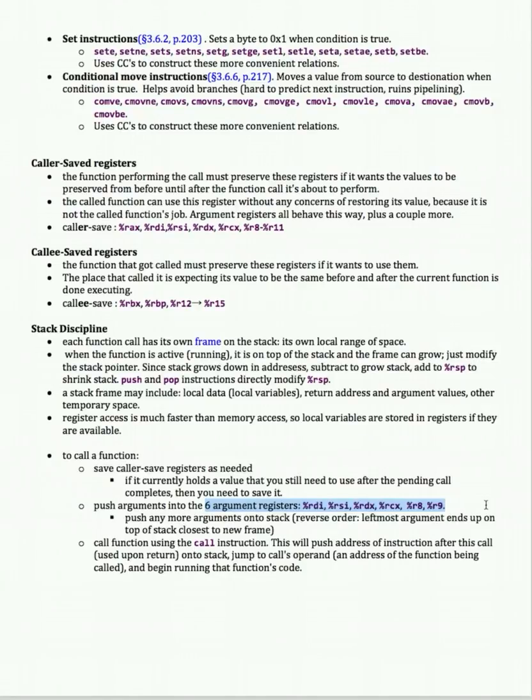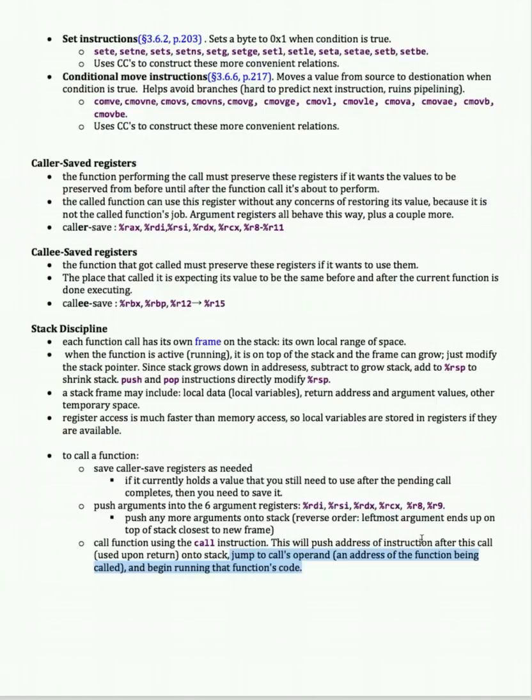After doing this, we finally call the function using the call instruction. What this does internally is that it pushes the address of the instruction after the call into the stack. In other words, it pushes the return address into the stack, and then it jumps to the call's operand and begins running that function's code.